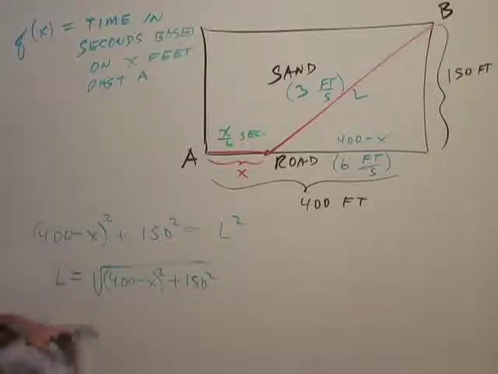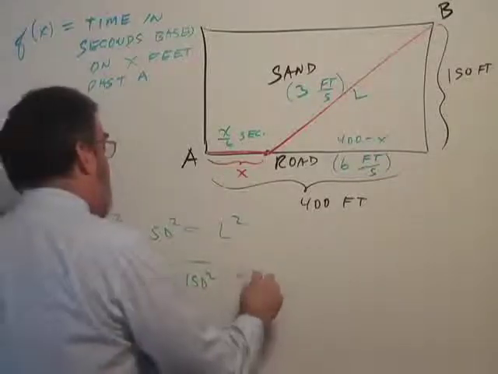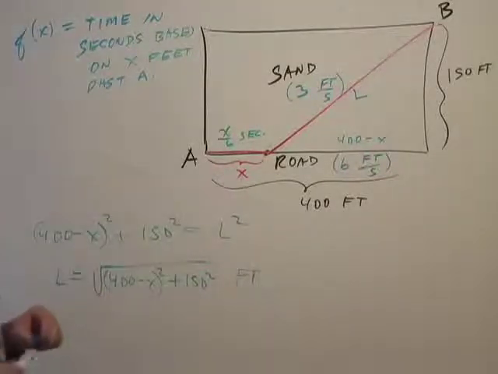Now you cannot distribute the square root through here and get 400 minus x plus 150. Absolutely wrong. That's a huge error, to distribute a square root over the terms inside a sum. So we're going to have to leave the length at that. But it's in feet. And how long will it take if you're walking 3 feet per second?